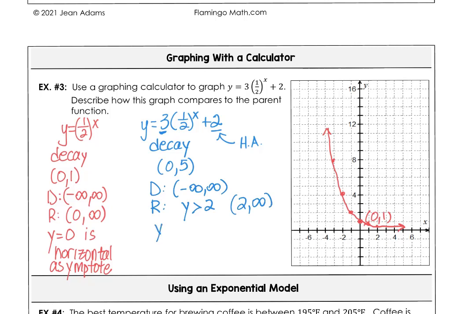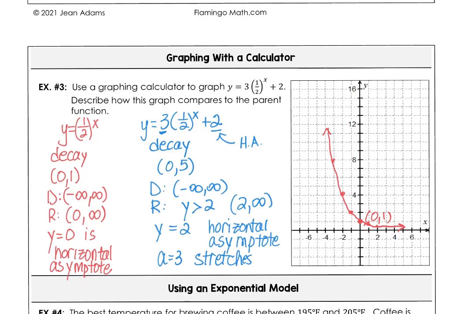And we know that y equals 2 is our horizontal asymptote. And we know that we have an a value of 3, which is a stretch factor. So a equals 3 stretches the red parent function.